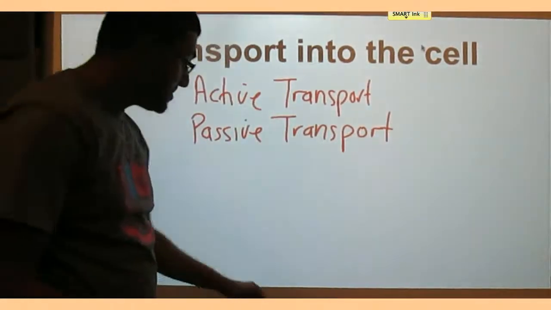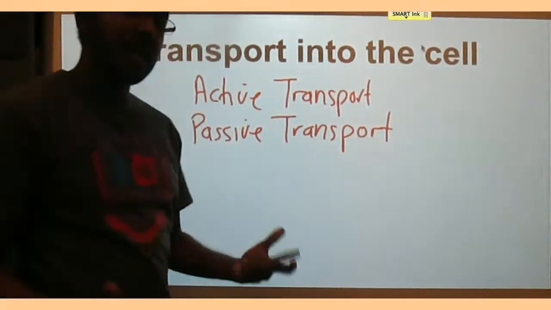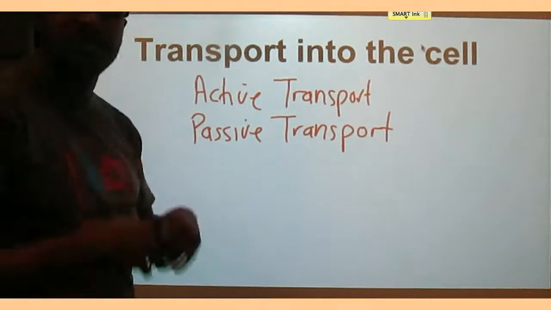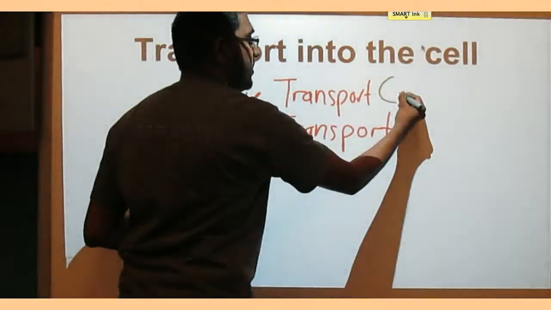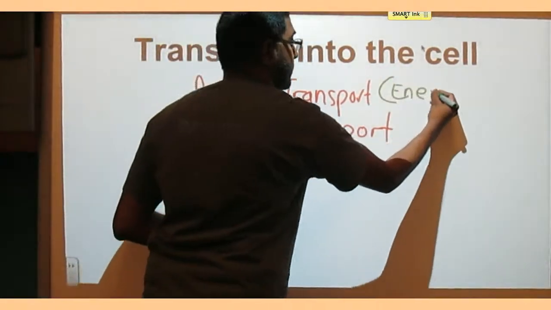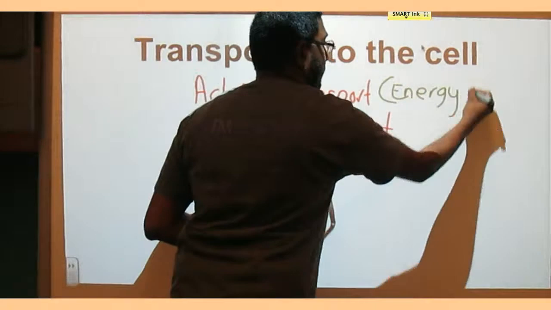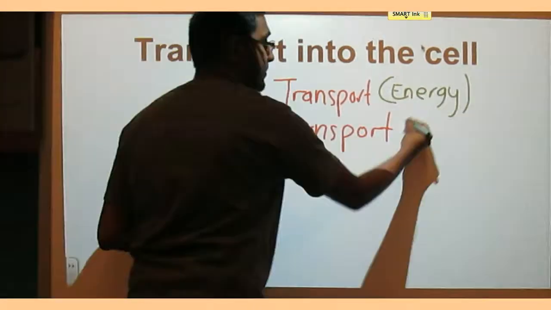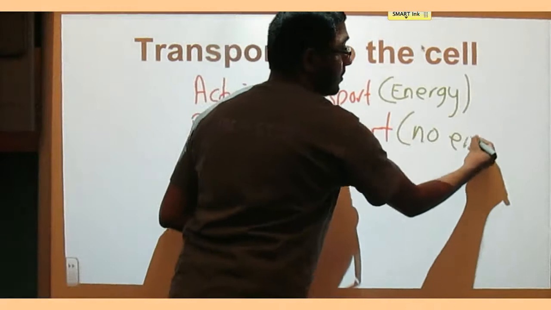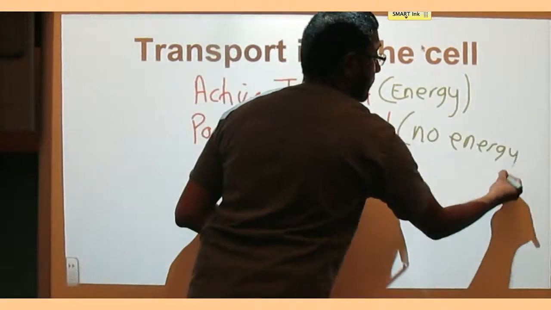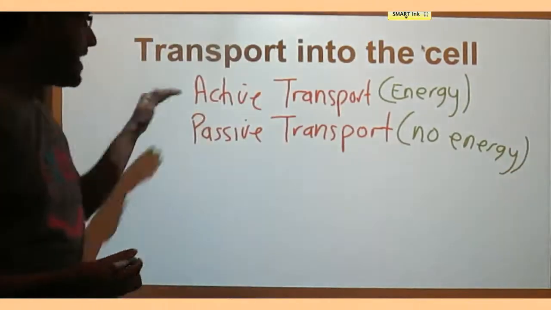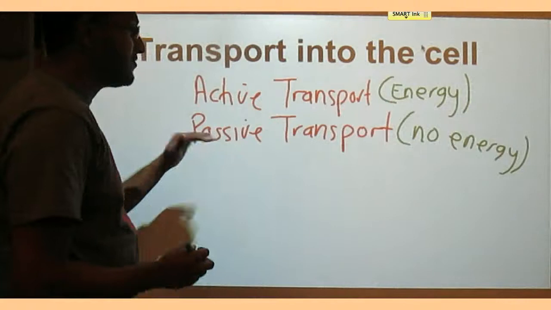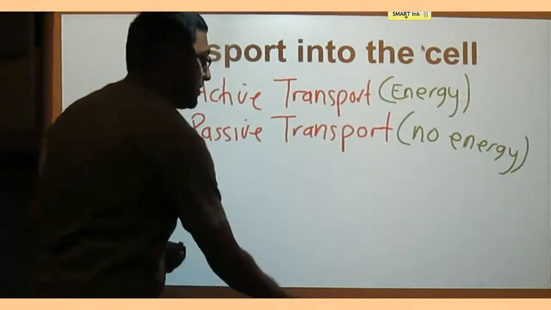Active transport is where the cell uses energy to transport materials into the cell, so I'm going to write the word energy. In passive transport, there is no energy used. Again, active transport uses energy, passive transport does not.